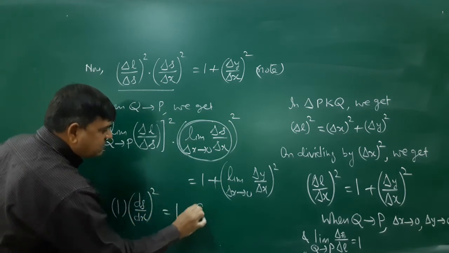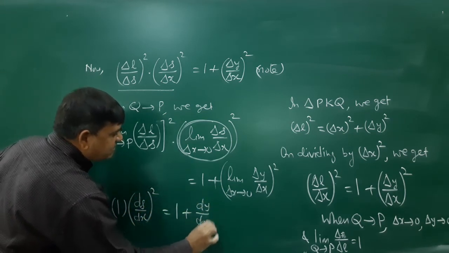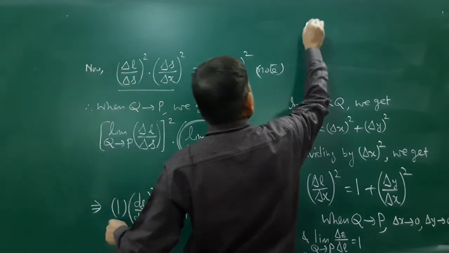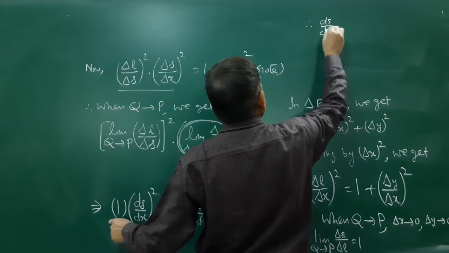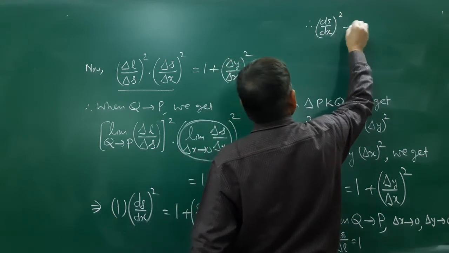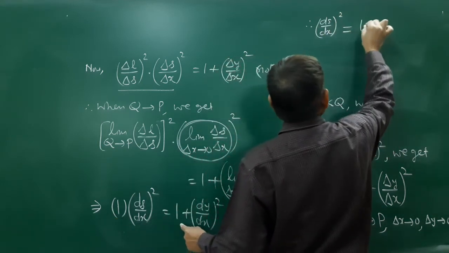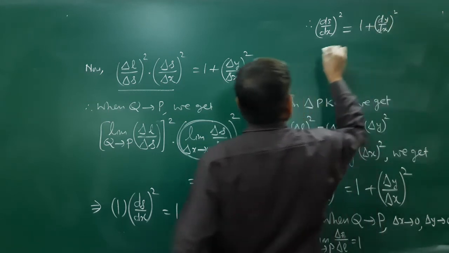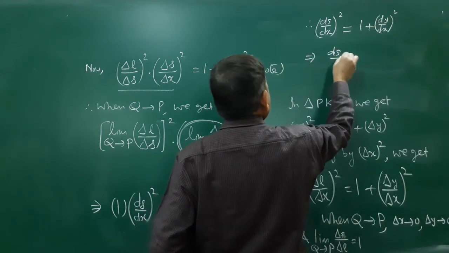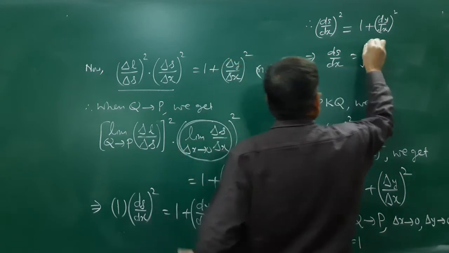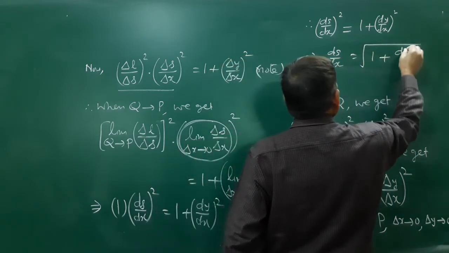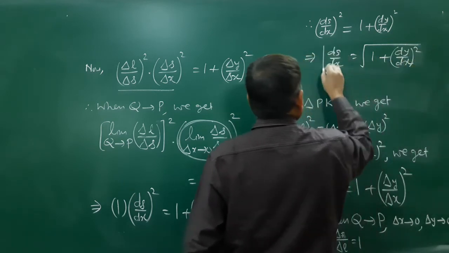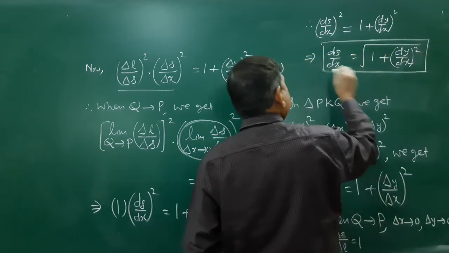This is 1 plus, and this is dy by dx whole square. Therefore, ds by dx whole square equals 1 plus dy by dx whole square, implies ds by dx equals under root of 1 plus dy upon dx whole square. This is a very important result.